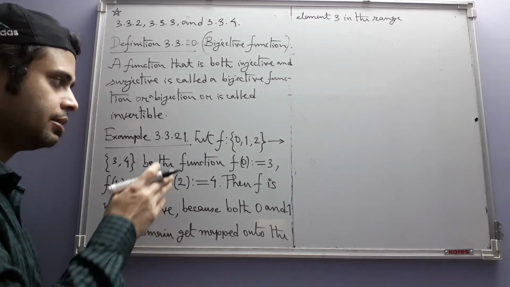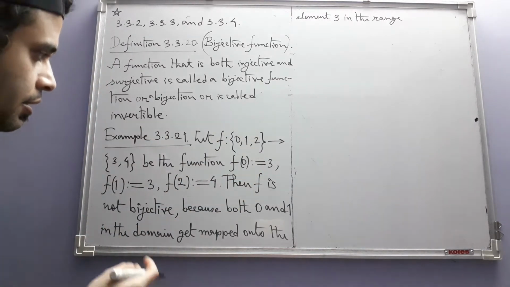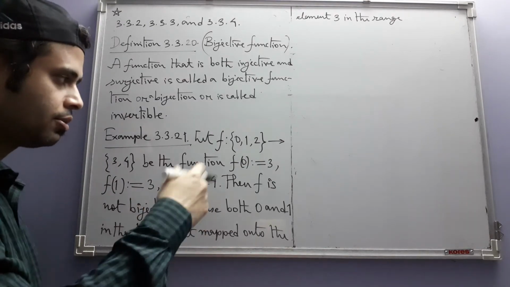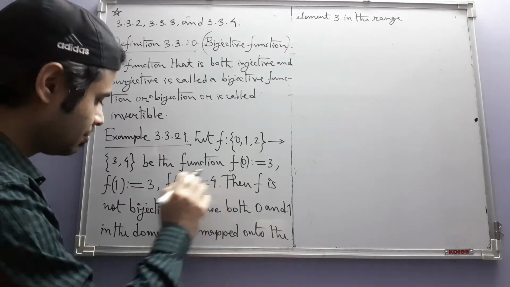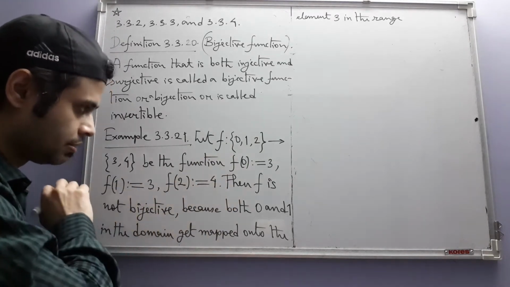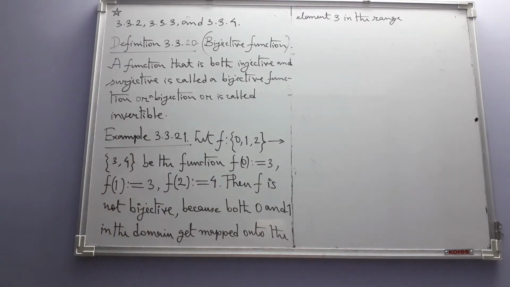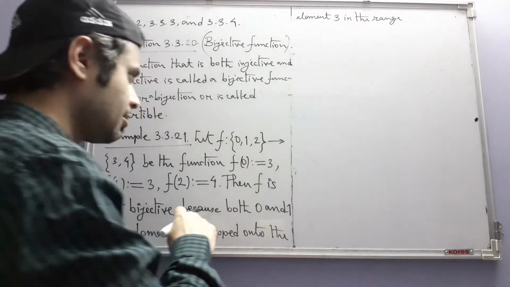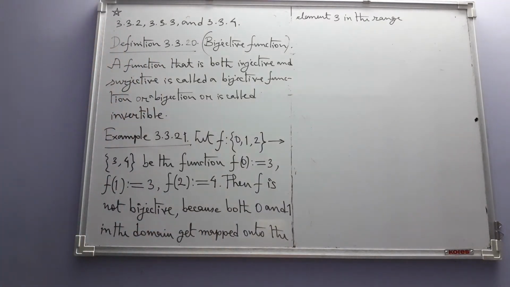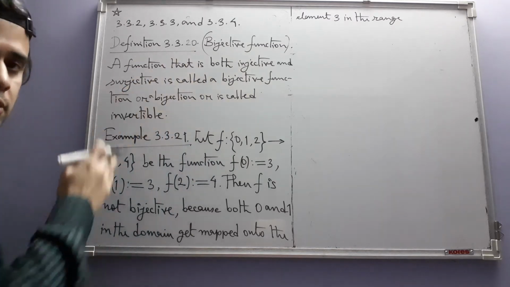injective, then distinct elements in the domain should have distinct images. However, they should be associated to distinct elements in the range. However, here 0 and 1 are mapped onto or associated to the same element 3 in the range. So that's why it's not injective, and as a result it's not bijective, because bijection is both an injective function and surjective function.